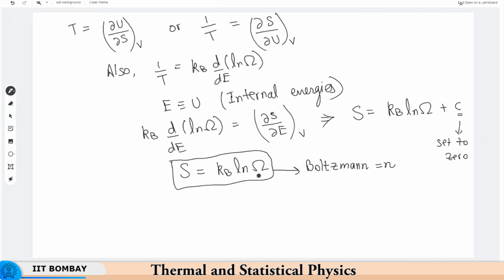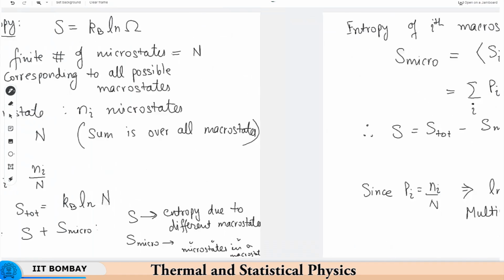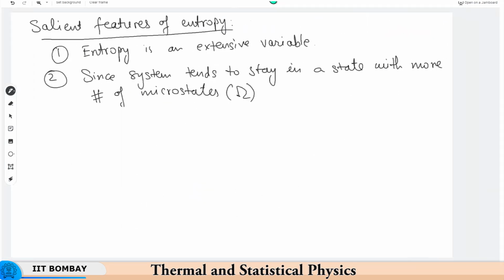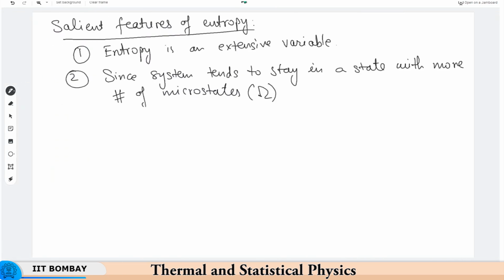So therefore it's natural to assume that the entropy associated with that also maximizes, which implies maximizing entropy. And you can see we are not really proving this statement.